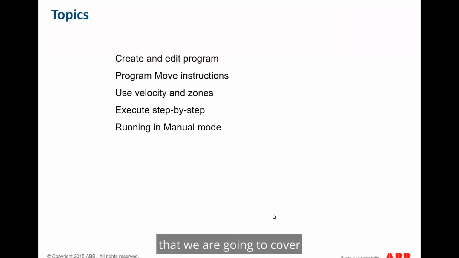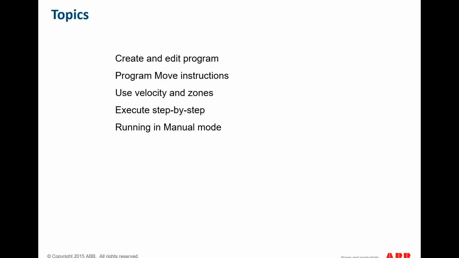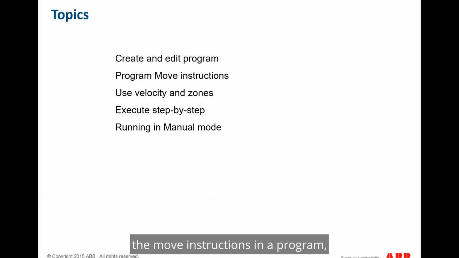And the topics that we are going to cover in today's lecture include how to create and edit an ABB program, and how to add the move instructions in a program, and also use velocity and zones to control the program parameters. And I also will show how to debug the program.